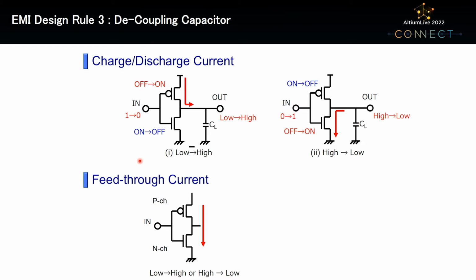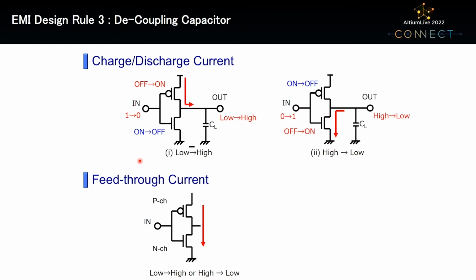The second type is feed-through current flowing from the power to the ground. Variation in the input voltage causes the signal to go from low to high level or from high to low level.